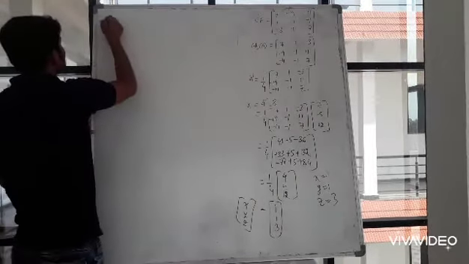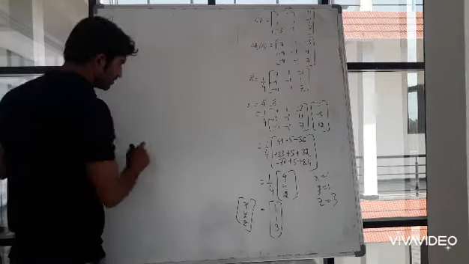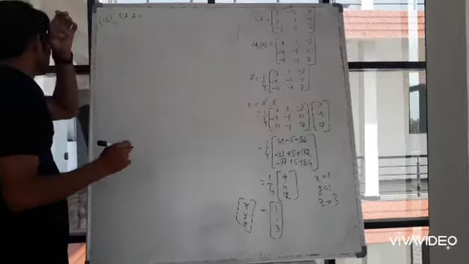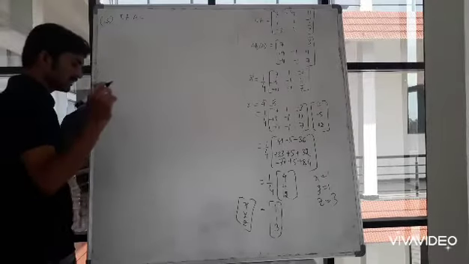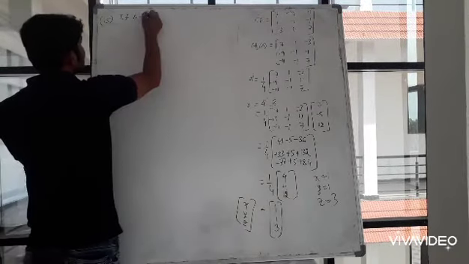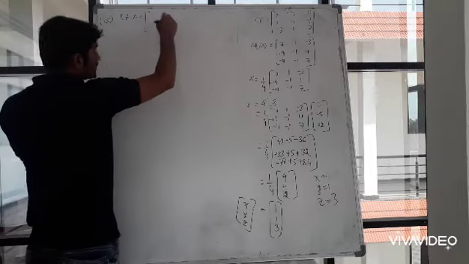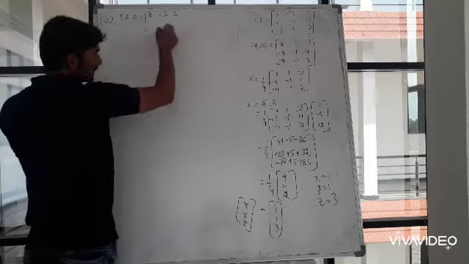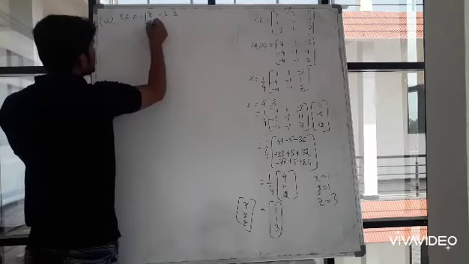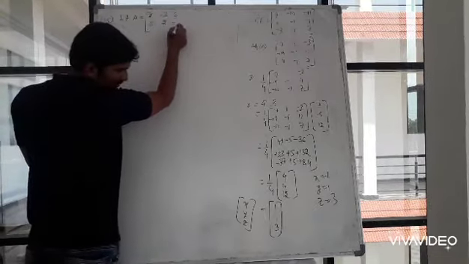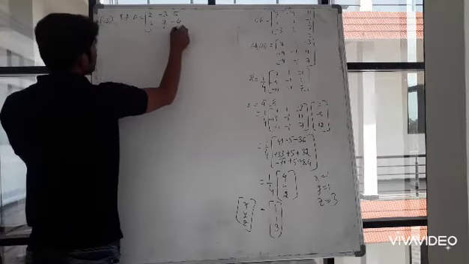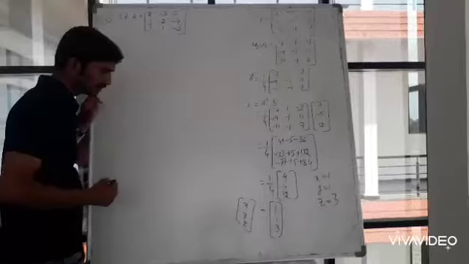Question number 15. It is also the same type. They have given A already. No need of writing the system in the form of matrix form. A is equal to 2, -3, 5; 3, 2, -4; 1, 1, -2.